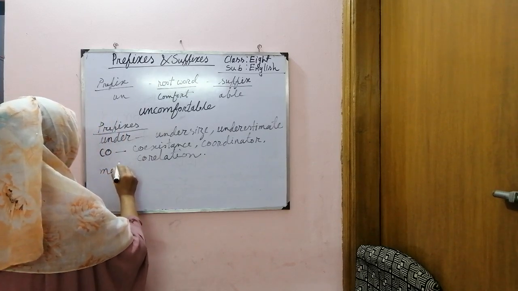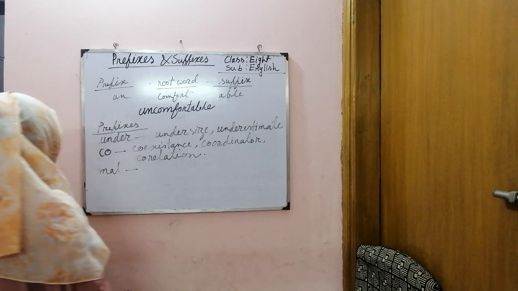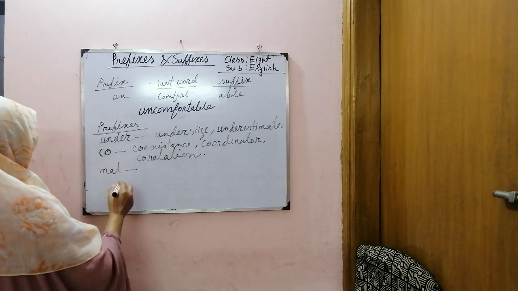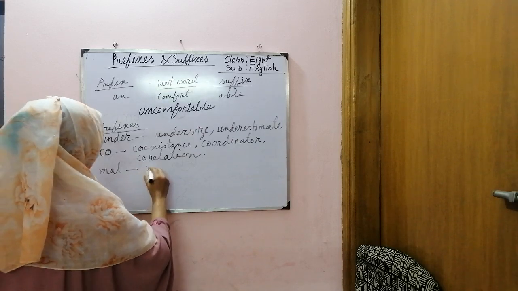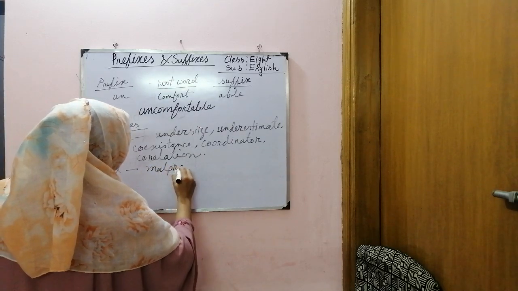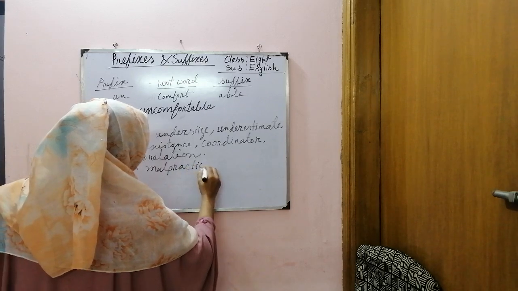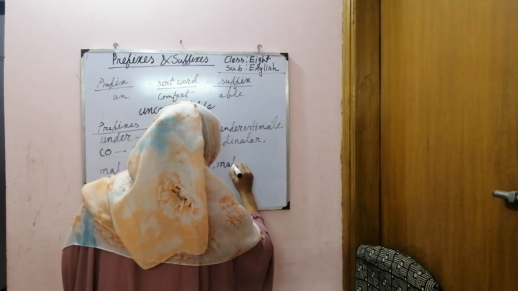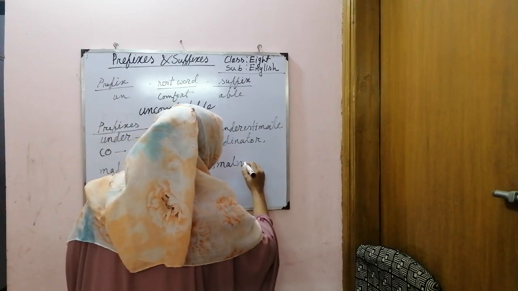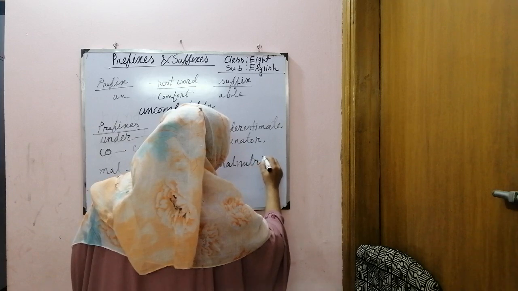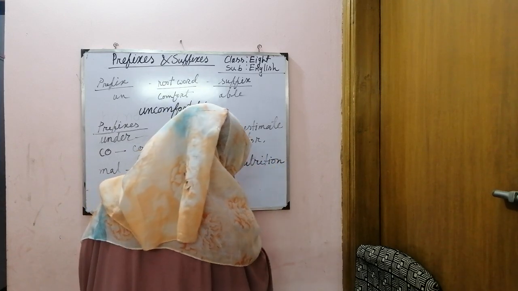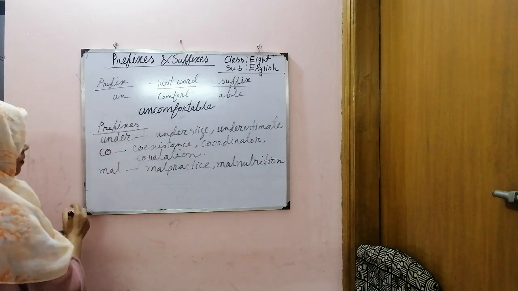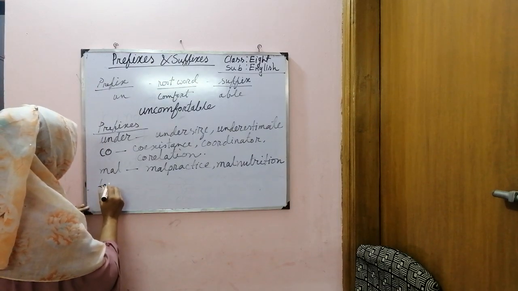Mal. It also gives an opposite meaning, something wrong. You can write malpractice, a practice which is not good for anyone, malnutrition, undernutrition. Then another is fore.